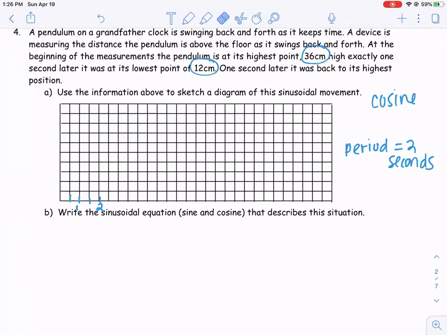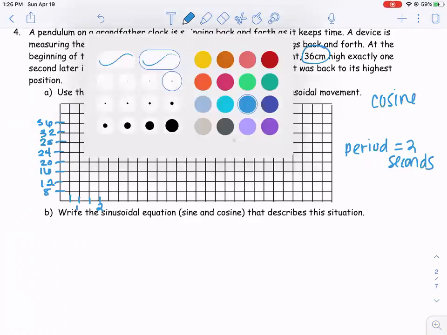That is not going to work. We're going to have to go by fours.